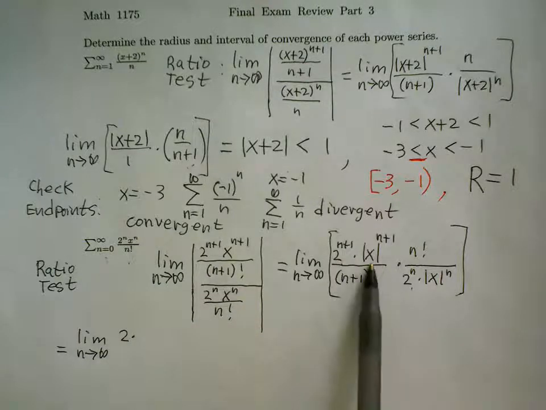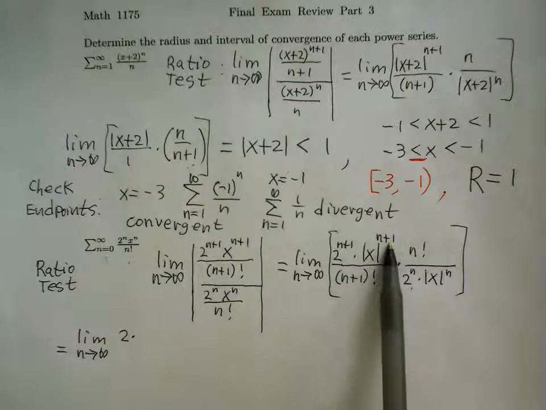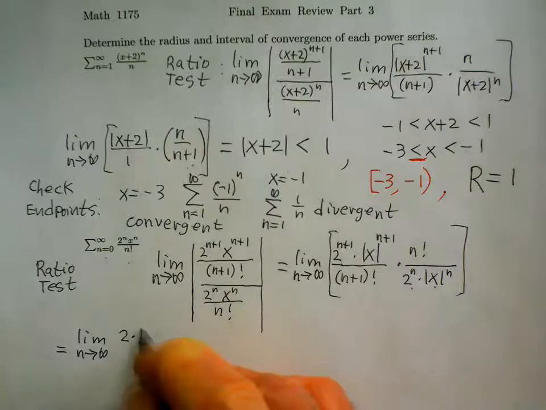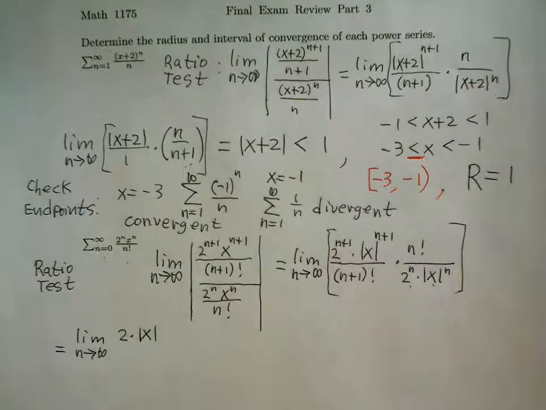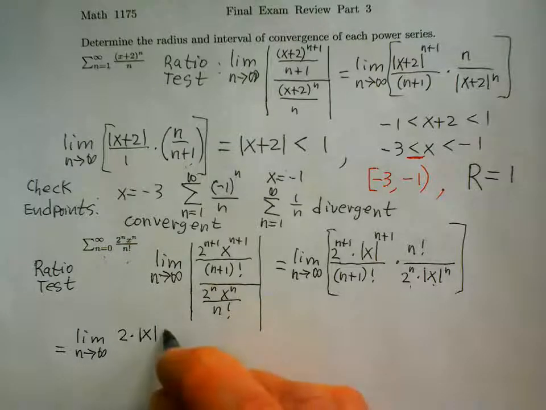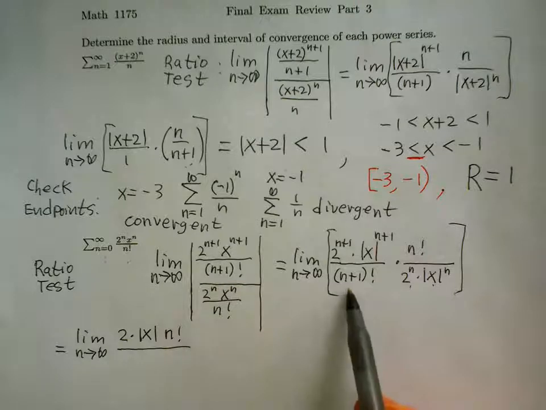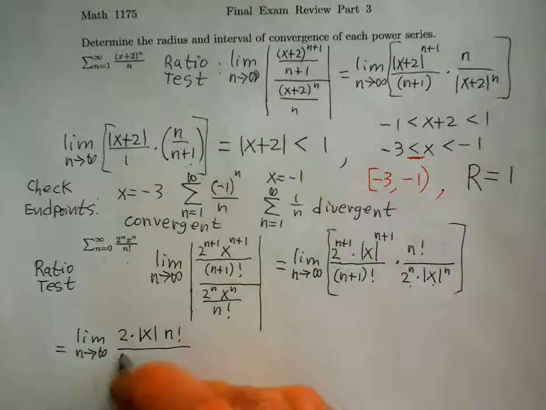And the absolute value of x^(n+1) divided by the absolute value of x^n simplifies to the absolute value of x in the numerator. And then we'll write n factorial in the numerator, and in place of (n+1) factorial, we write n+1 times n factorial.